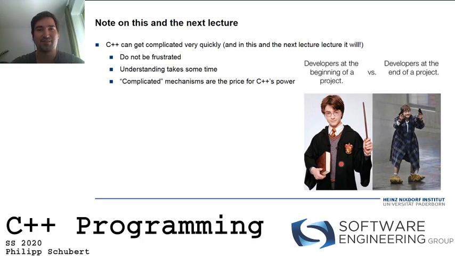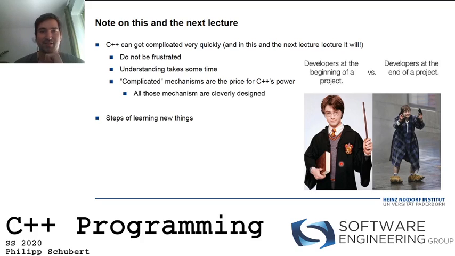That's probably the price that you have to pay for the power that C++ gives you over your programs, over the machine. It gives you lots and lots of flexibility and lots of features. Over time, you will hopefully see that all those mechanisms are really cleverly designed once you get the hang of it. Hopefully that's the outcome for you.